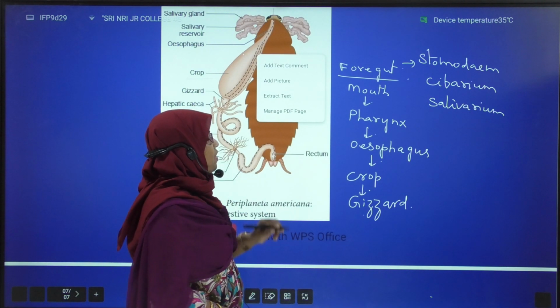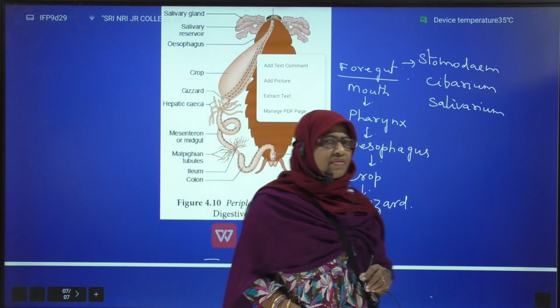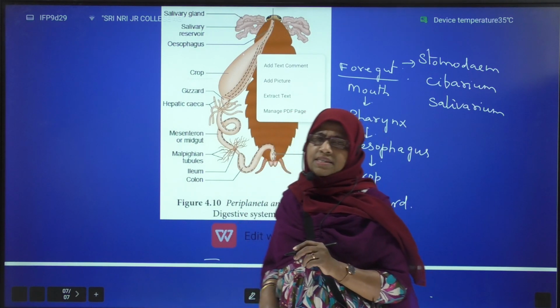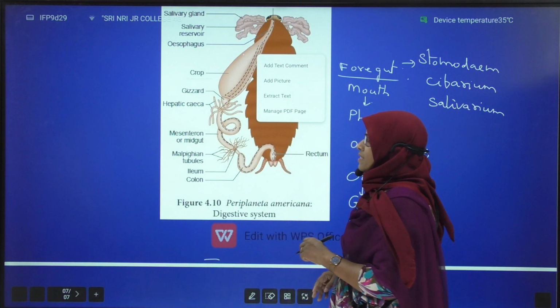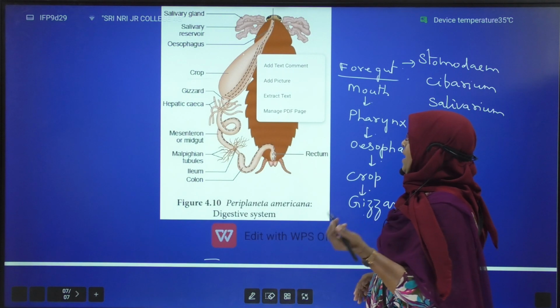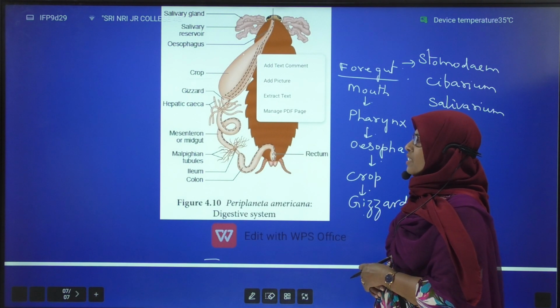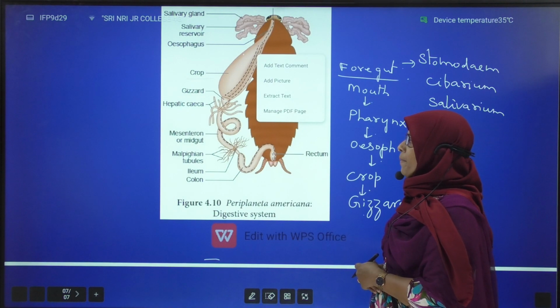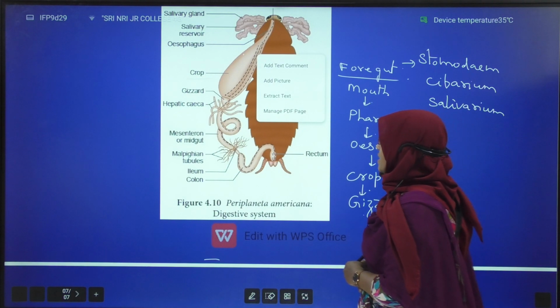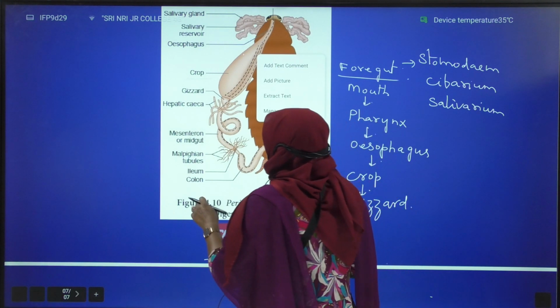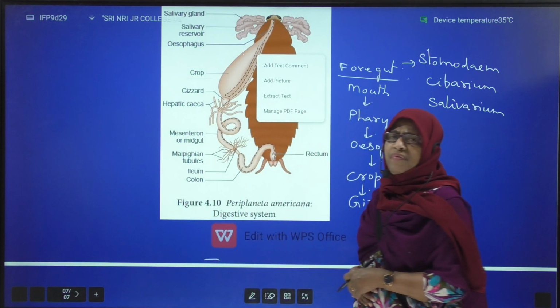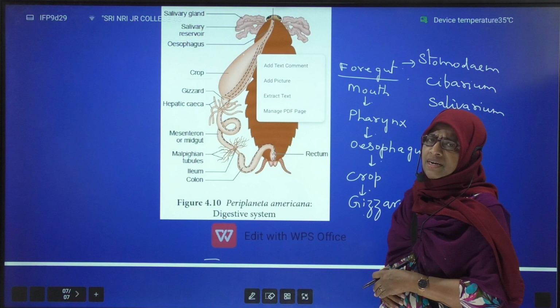The inner walls of the gizzard consist of six chitinous plates. These are teeth, and these chitinous plates consist of hairy pad-like structures. Behind these hairy pads, bristles are present. These bristles are useful for filtration of the food materials.